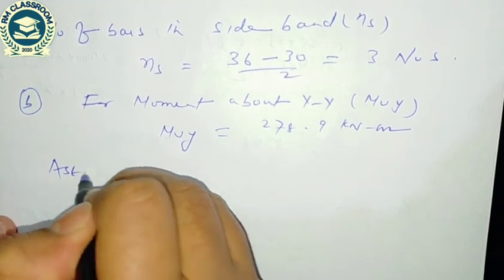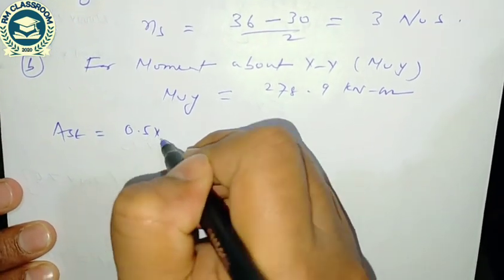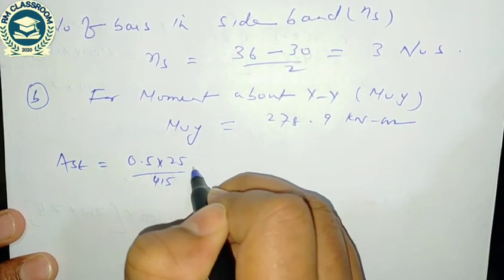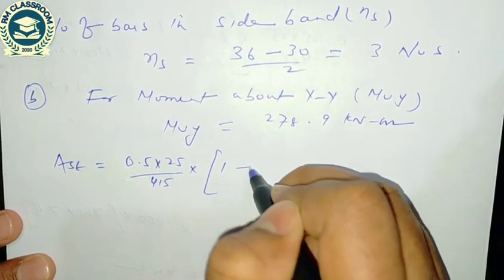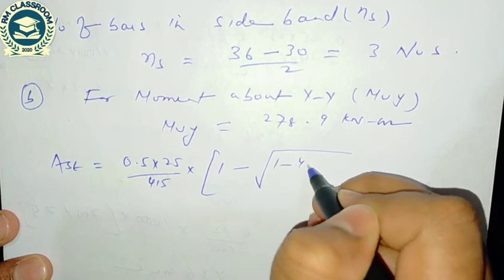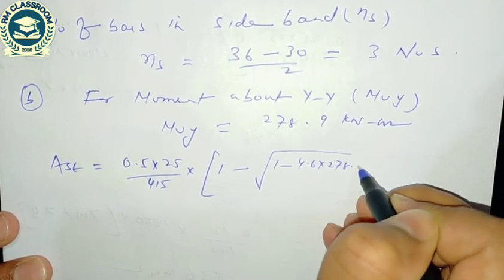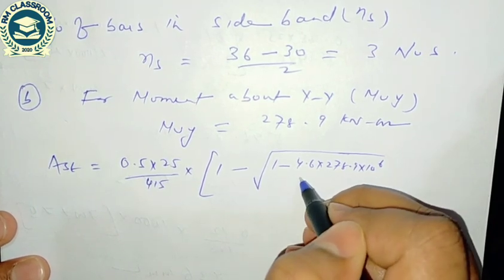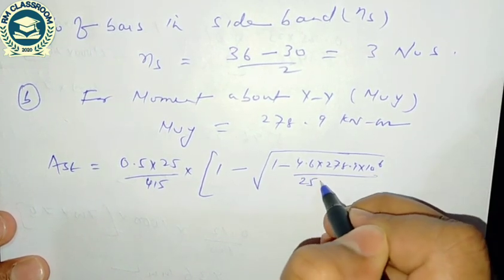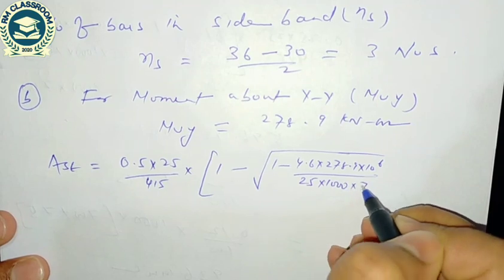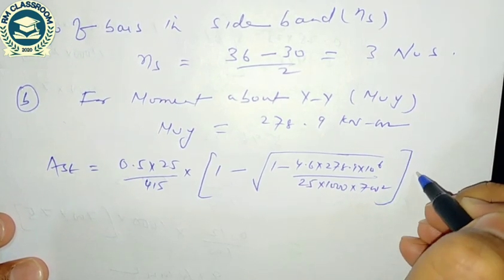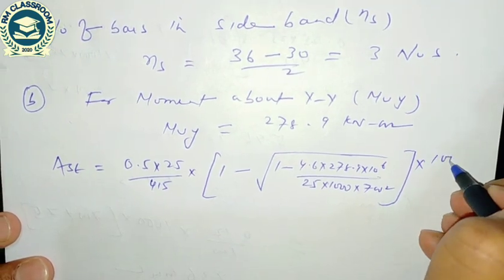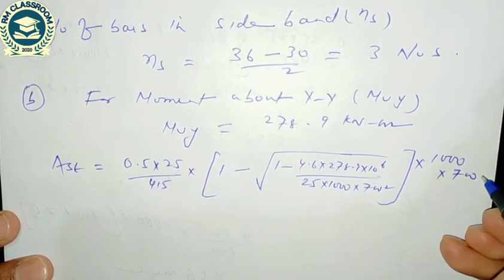Area of steel can be computed by the 0.5 formula, 0.5 FCK by Fy into 1 minus square root of 1 minus 4.6 into 278.9 into 10 to the power 6 divided by 25 into 1000 into 700 square, into 1000 into 700.